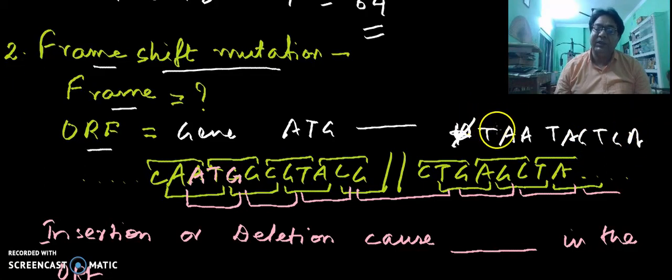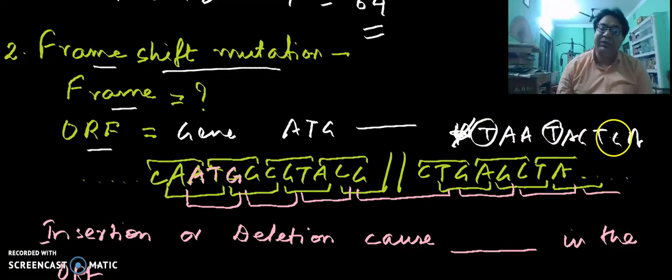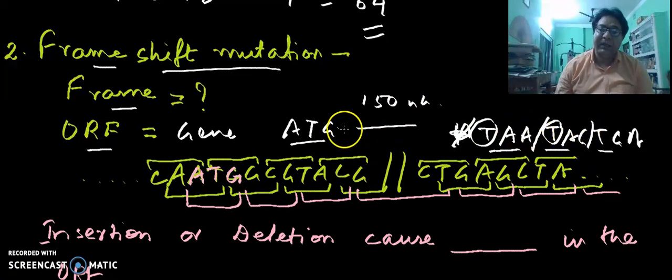In fact, this T is U in case of RNA. That's why initially I called UAA, UAG or UGA. These are three stop codons. So an ORF comprises a start codon, and after a certain distance of about 150 nucleotides, if there is a stop codon in any one of them, then this will comprise an ORF.